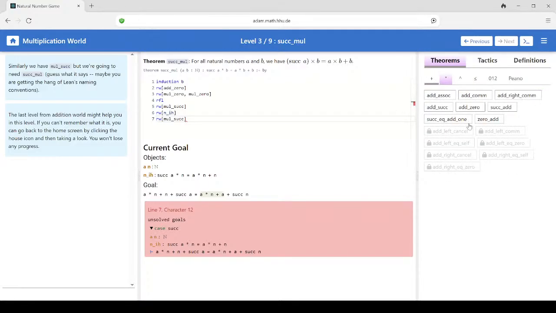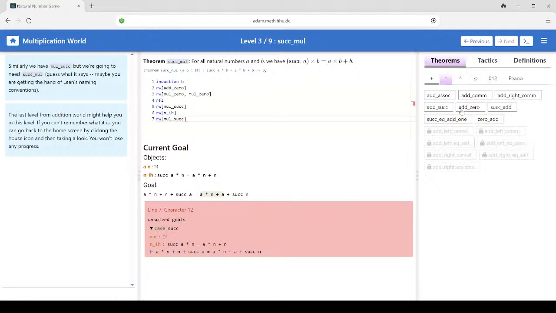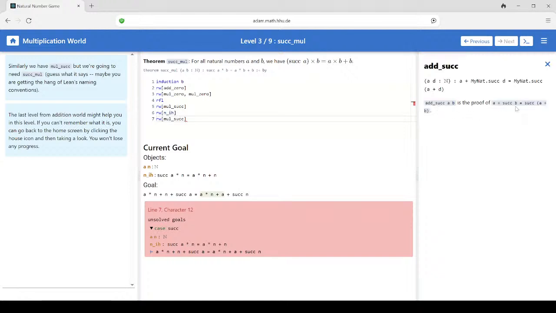Can I... Wait, there's something that I can do with... No, not that one. Something plus the successor of something equals the successor of both of those things. Oh, that's it.